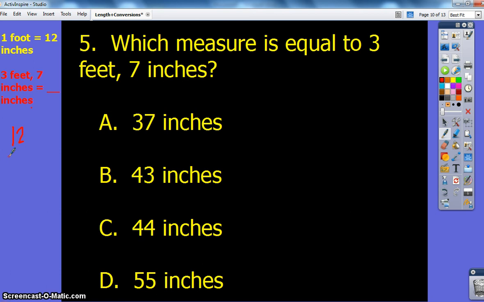So 12 inches times 3 feet is going to be 36 inches. Then we have to add on this 7 inches, because you only add like things together. You get 43 inches. B.